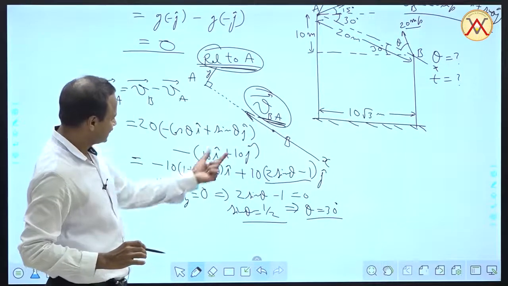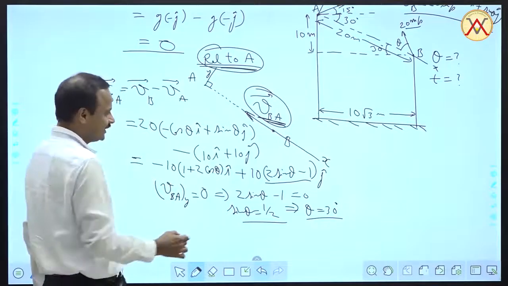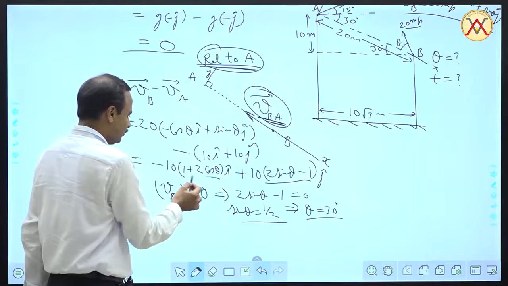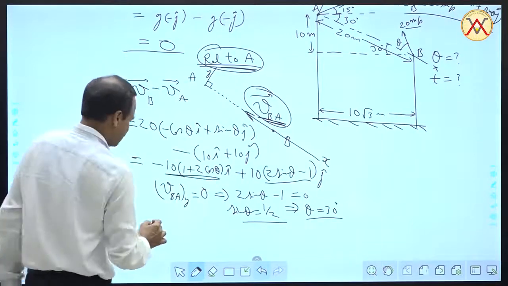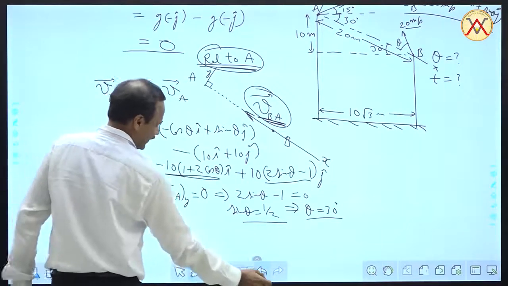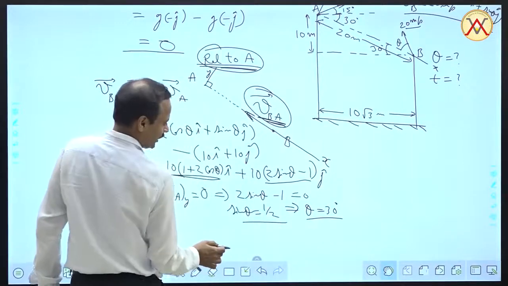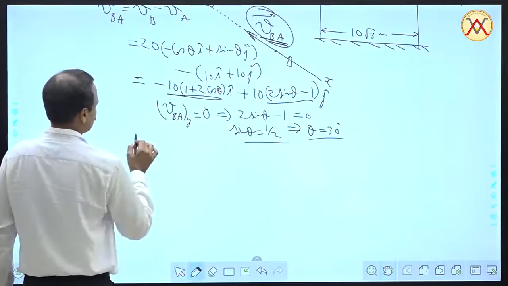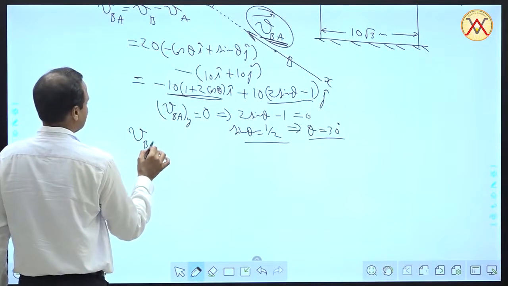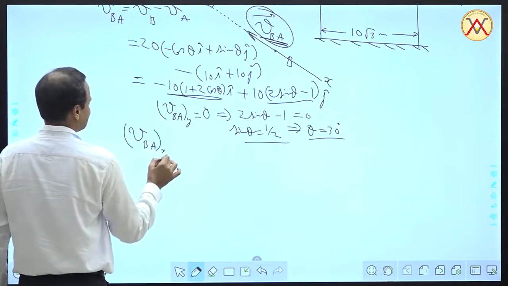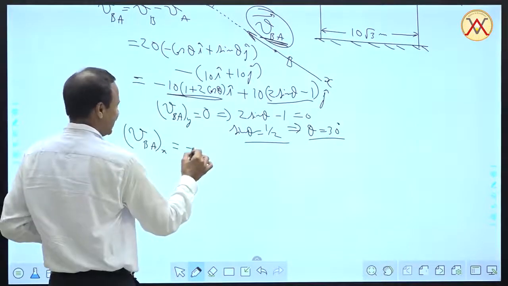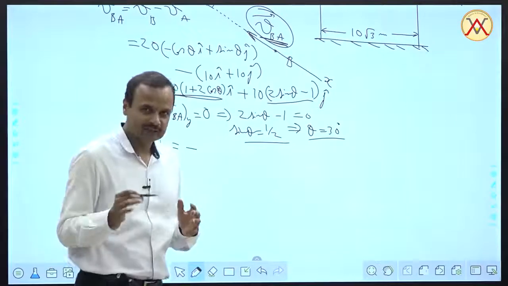And what is the relative velocity? See, the y component we have already ensured is 0, and the x component is here. So let me first write the x component of relative velocity, VBA x. It should be negative.